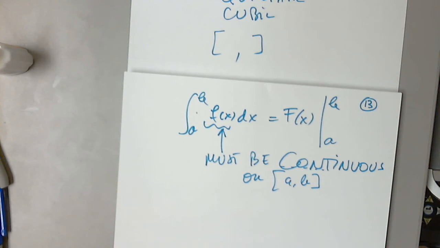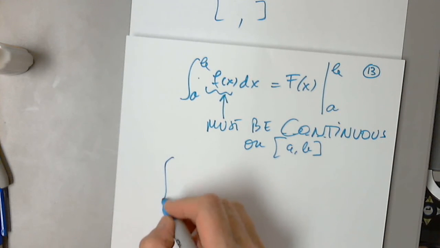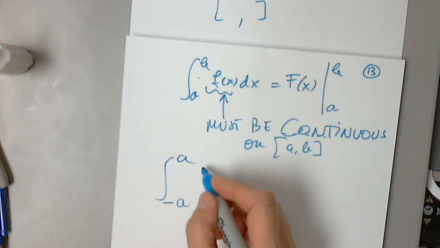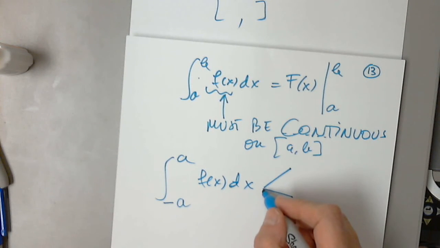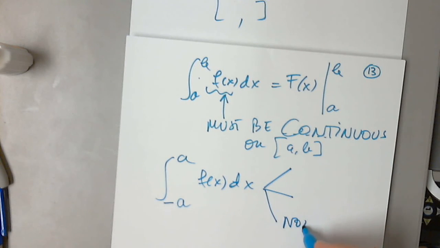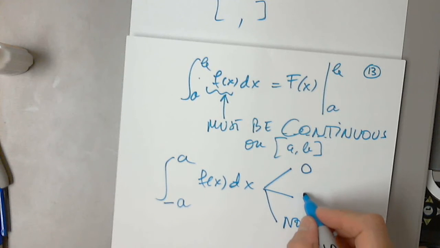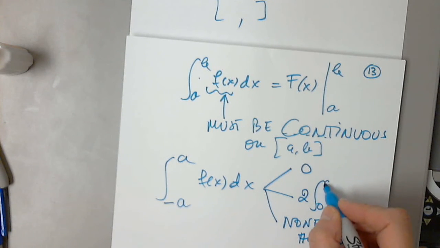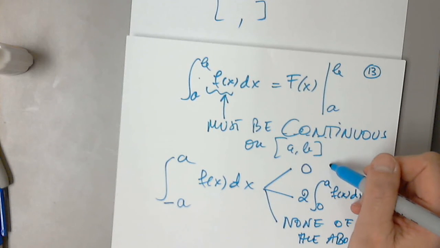Okay, so the other thing that I want to refresh your memory on is the integral from negative a to a of f of x dx has two possibilities, not always. So there is a possibility of none of the above. Zero, or twice the integral from 0 to a of f of x dx. When is it 0?